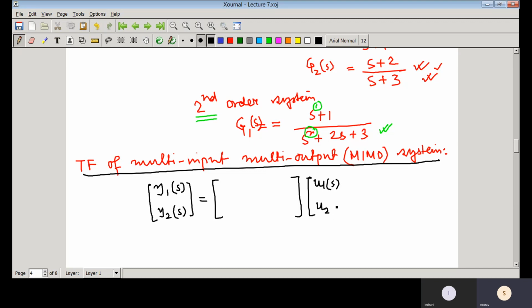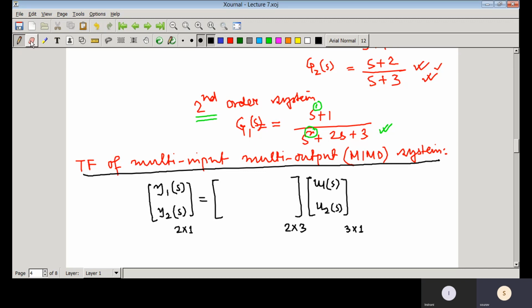You may ask whether the number of inputs and outputs should be the same. No, you can take any number of inputs and any number of outputs. Suppose here it is 3 inputs and 2 outputs. If there are 3 inputs, this vector is 3 cross 1, and with 2 outputs, this vector is 2 cross 1. So in this case, the dimension of the transfer function matrix would be 2 cross 3.